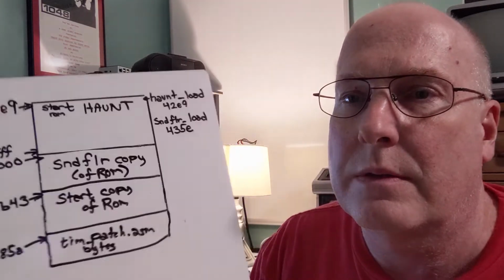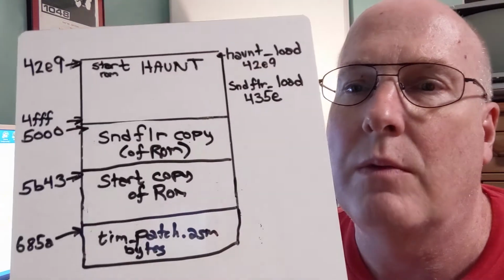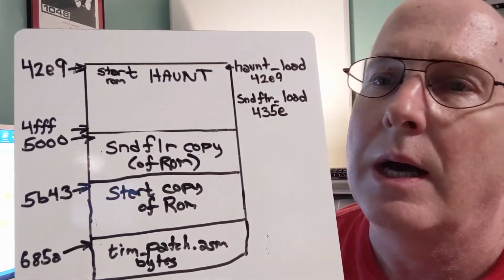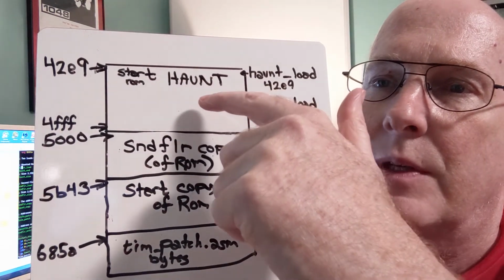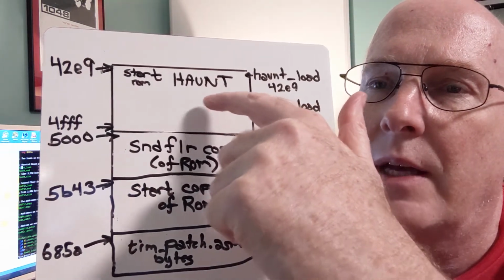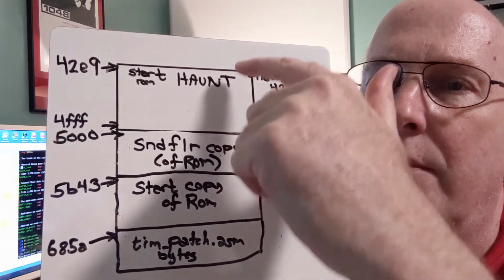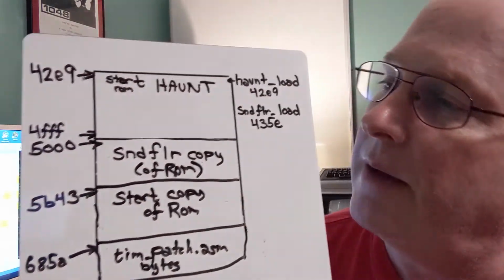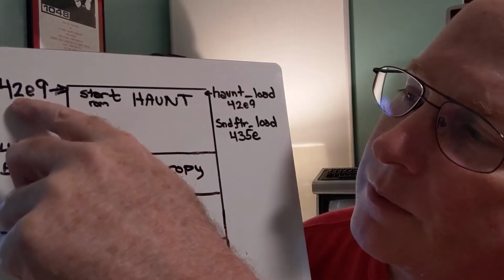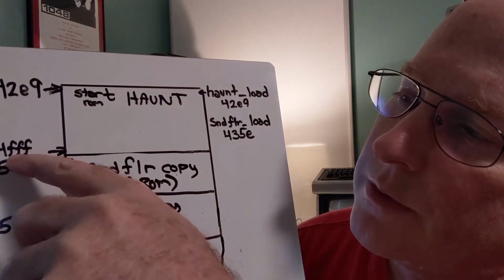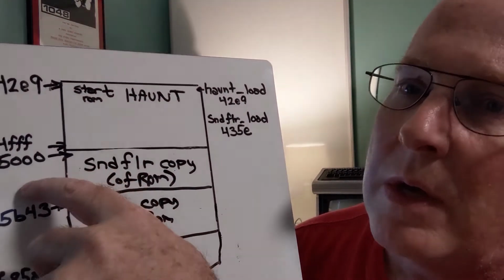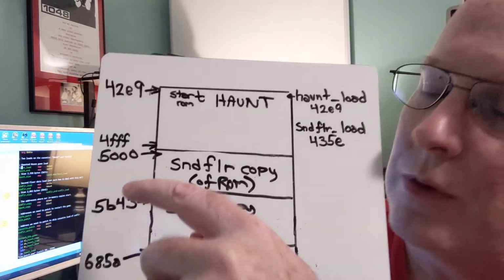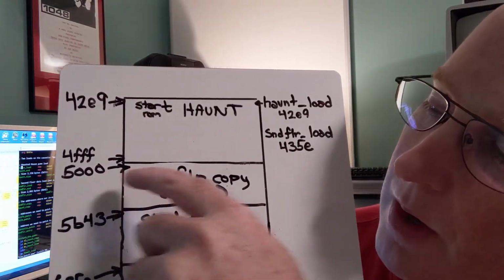So we've got another quick diagram to show what we're going to do here. The first thing we'll do is start off with the start.rom, which will have the beginning of the start memory. I've diagrammed this out, it's at 42E9, and it goes through 4FFF. So we'll place the second floor copy at 5000.